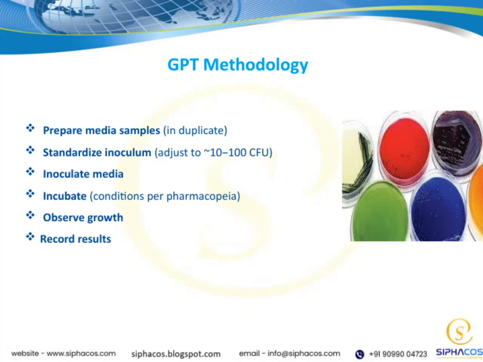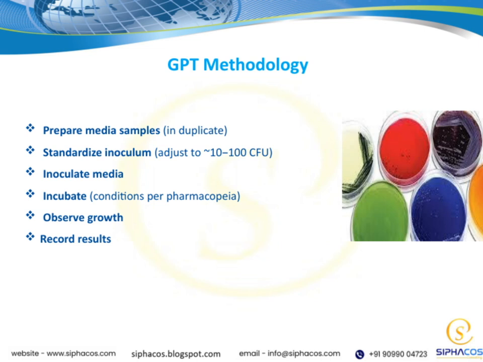Let's walk through the GPT methodology step by step. First, we prepare our media samples, and it's important to do this in duplicate to ensure accuracy and reproducibility. Next, we standardize the inoculum by adjusting it to approximately 10 to 100 colony-forming units, or CFU, which helps us maintain consistency across tests. Then, we inoculate the prepared media with our standardized sample.